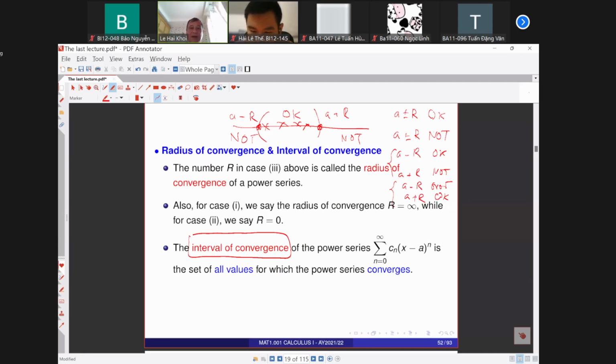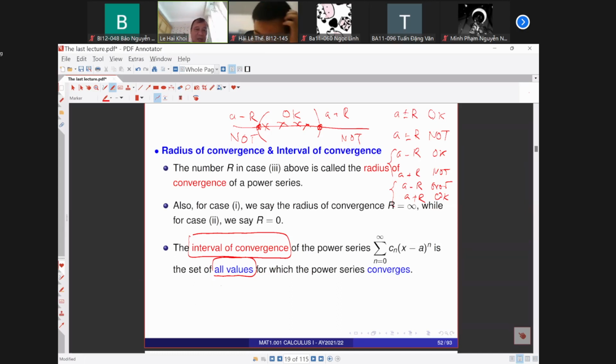Then the interval of convergence is the set of all x values for which the power series converges. That is, you have the interval A minus R, A plus R union with either of these 4 conditions, right?